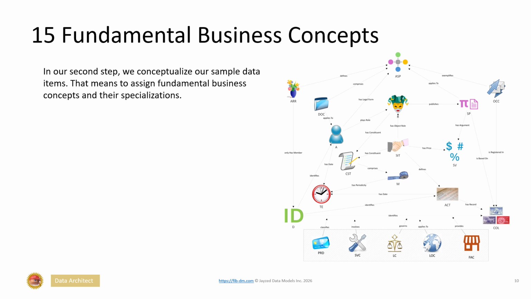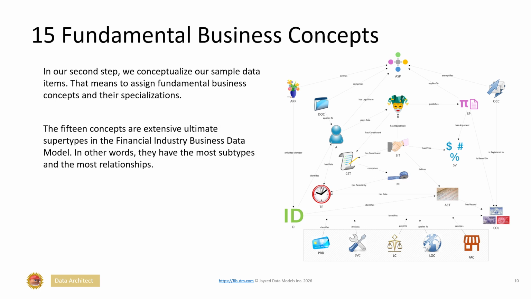Now, in the second step, we take our impromptu concept map and we conceptualize our sample data items. That means to assign fundamental business concepts and their specializations. Yeah, and the 15 concepts are all ultimate supertypes in the financial industry business data model. Now they are the entities with the most subsets.